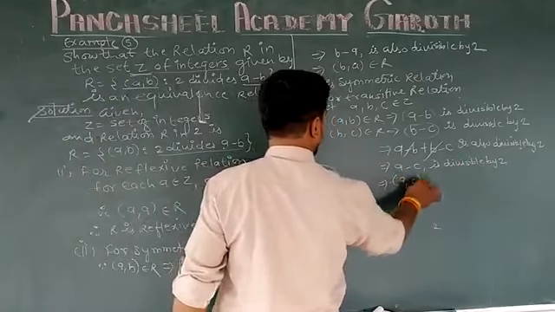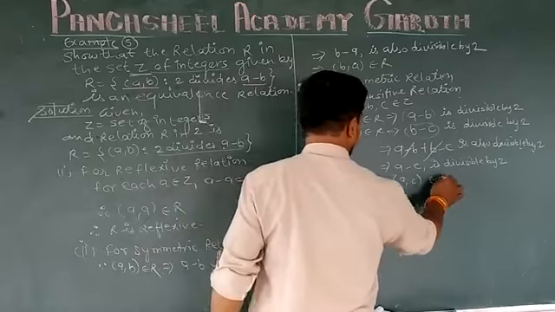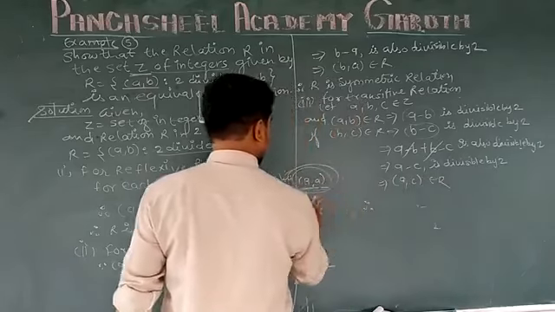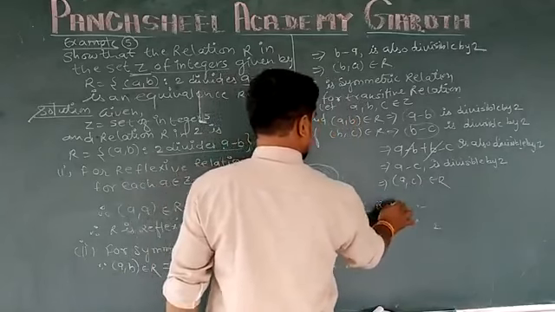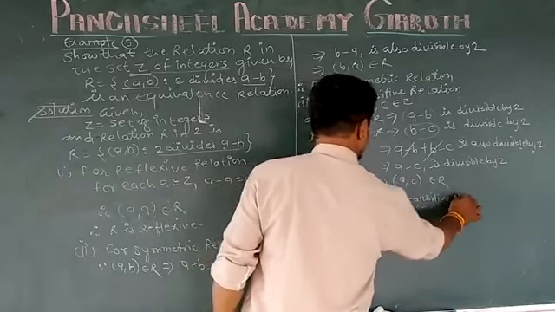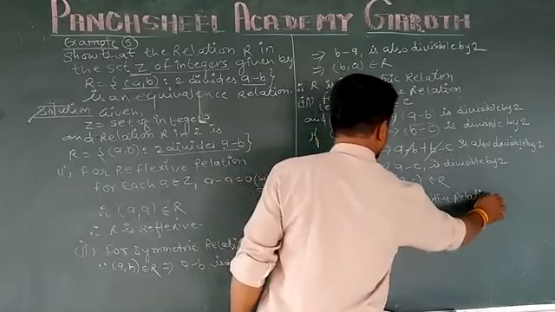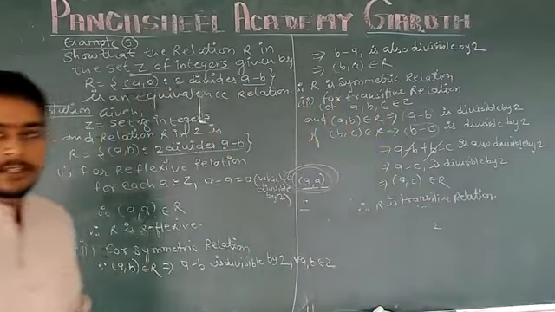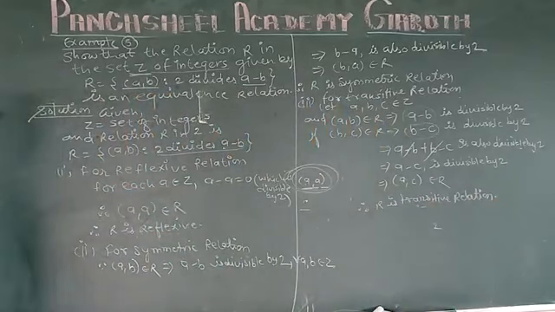Therefore, the ordered pair (a, c) belongs to R. Therefore, we can say that R is a transitive relation. I think this given question is clear now.